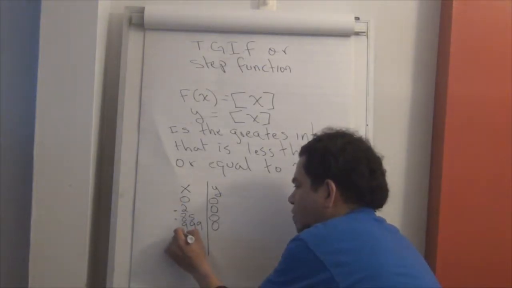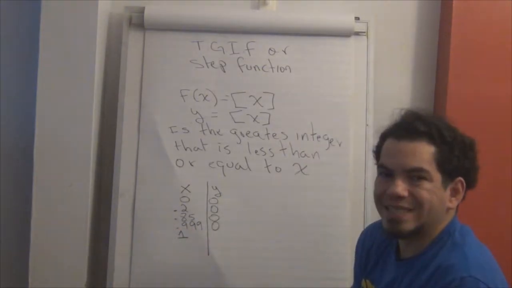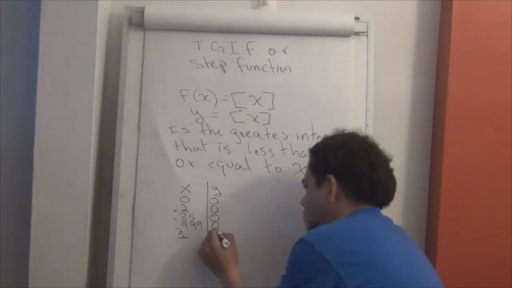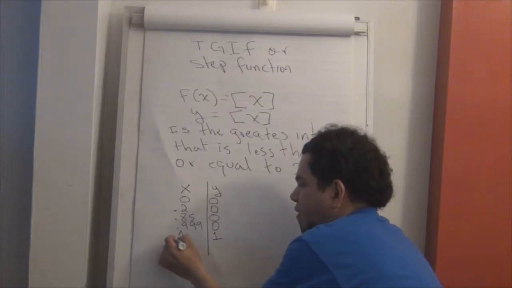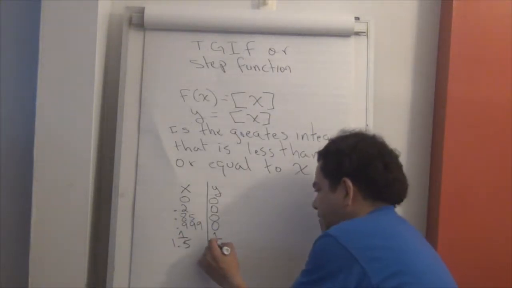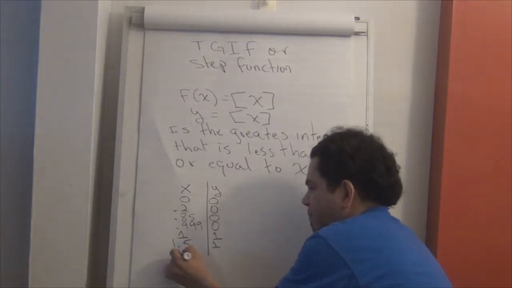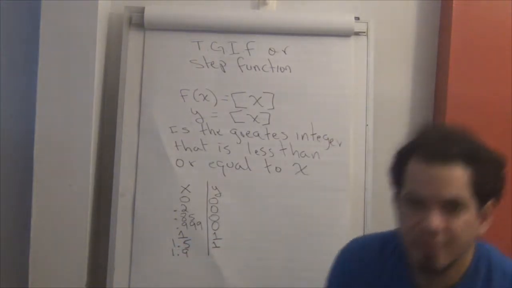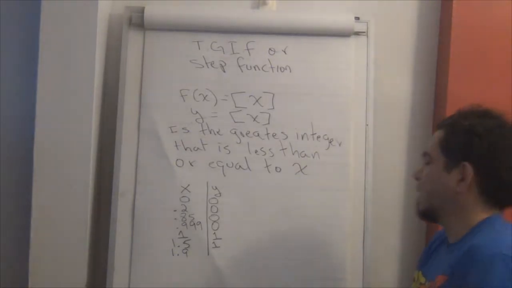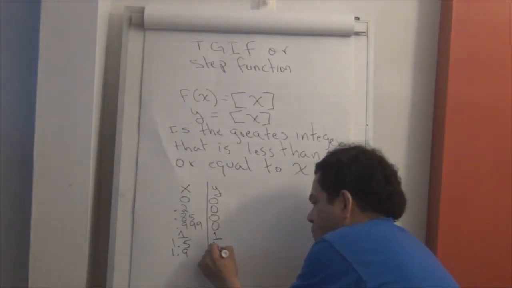How about when x is 1? Well, what is the greatest integer that is less than or equal to this? It's 1. So if x is 1.5, then y is still 1. X is 1.9. Can you see that? Oh yeah, you can see. 1.9, y is still 1.